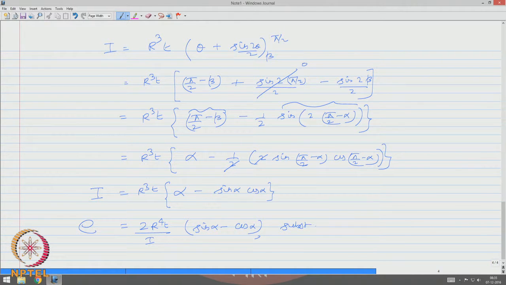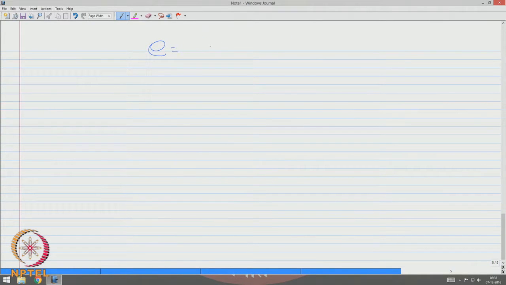Now, substituting for I, we get E now equals 2 r times (sin alpha minus alpha cos alpha) by (alpha minus sin alpha cos alpha), that is my E. So, E is 2 r (sin alpha minus alpha cos alpha) by (alpha minus sin alpha cos alpha).